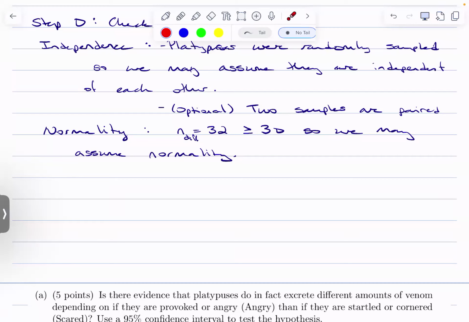I've seen as low as 20 be argued, but we're going to use 30. So for means questions, you want to compare your sample size, and if it's bigger than 30, you can just go ahead. If it's less than 30, then you have to argue that it looks approximately normal.